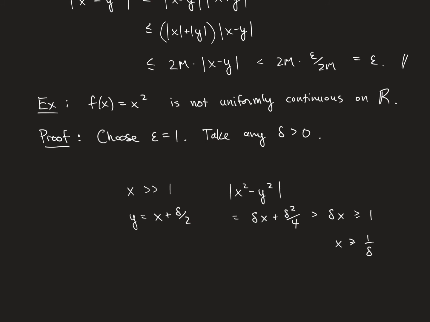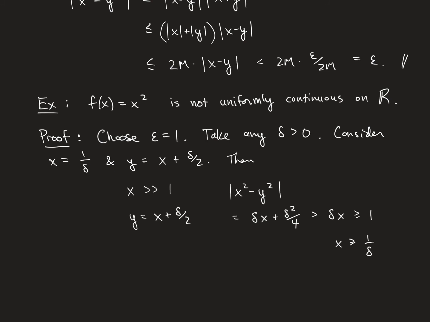Okay, so as long as I take x to be 1 over delta, and then I'll take y to be that x plus delta over 2, that should work. So we're going to consider x to be 1 over delta, and y to be that x plus delta over 2.